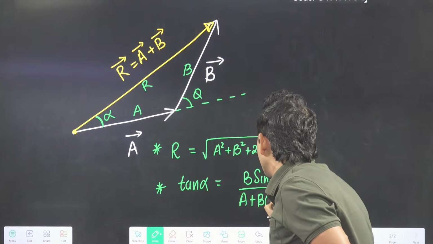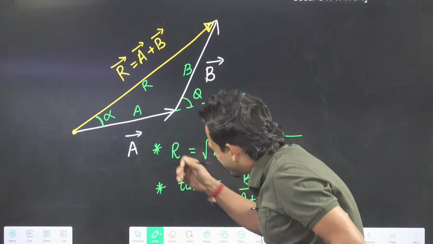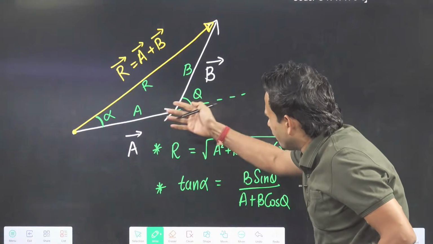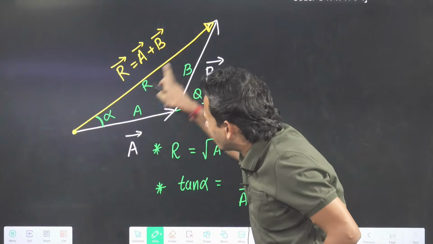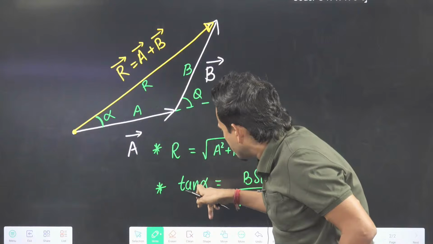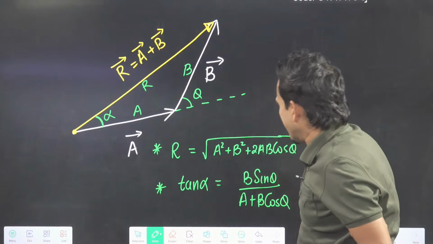Actually, this formula is not used much in physics. We get the angle directly by other ways. With time you will learn. But here we can also know how much angle R bar will make with A bar, that is with the first vector. So we can calculate our tan alpha.